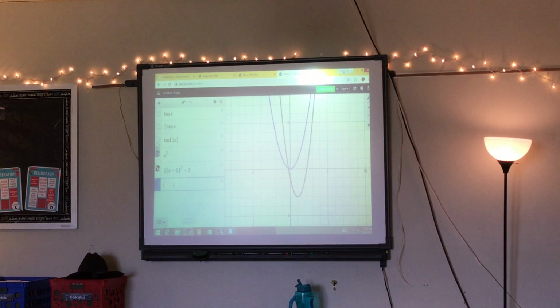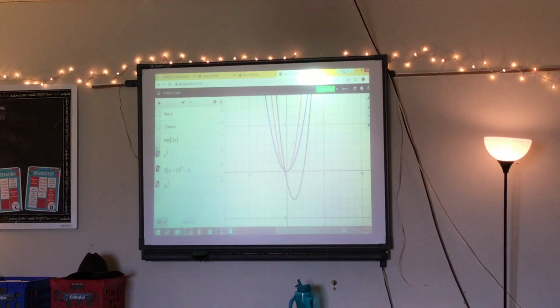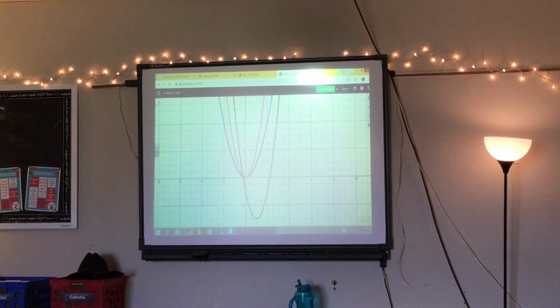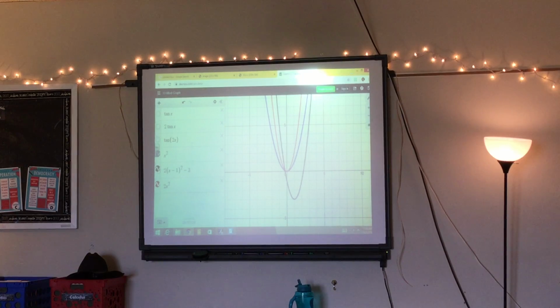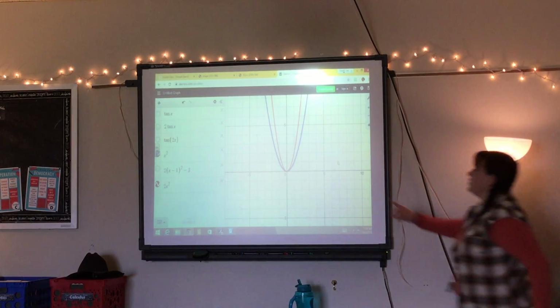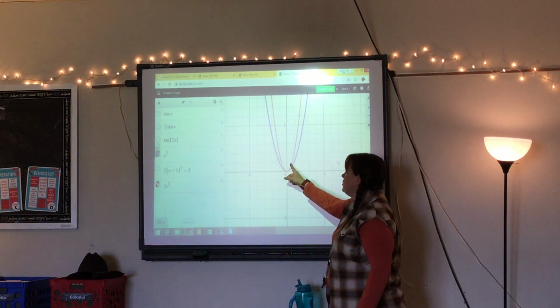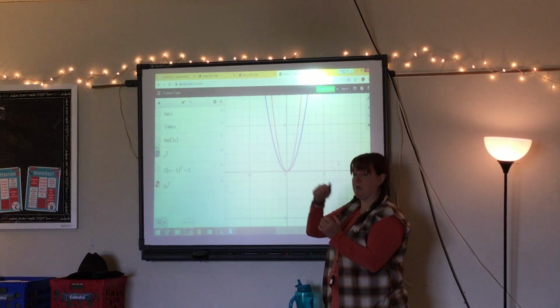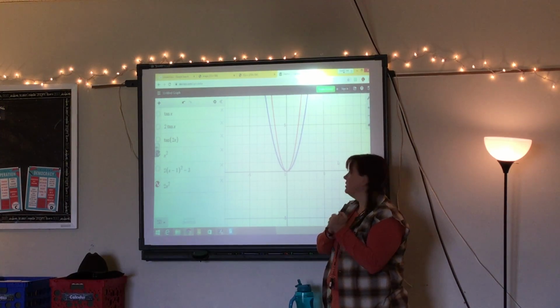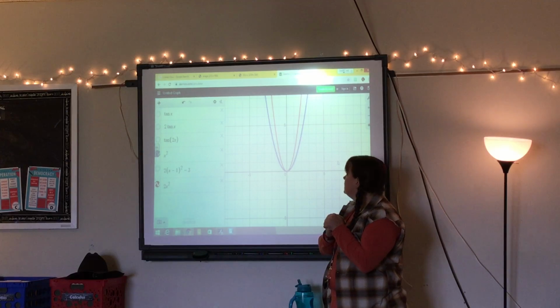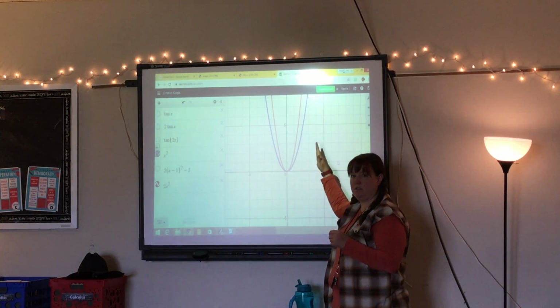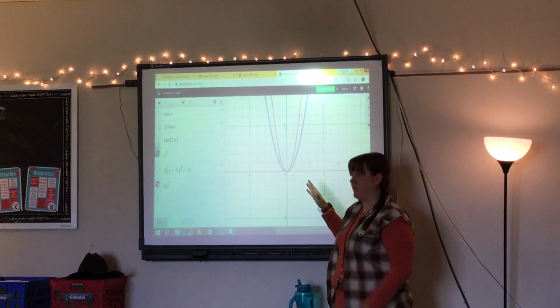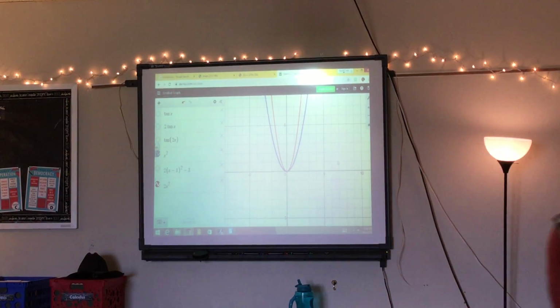Before we moved it, the blue one is our parent function, and the 2 stretch is our parent function. Then we shifted it right and down. Okay, let's practice a few more.